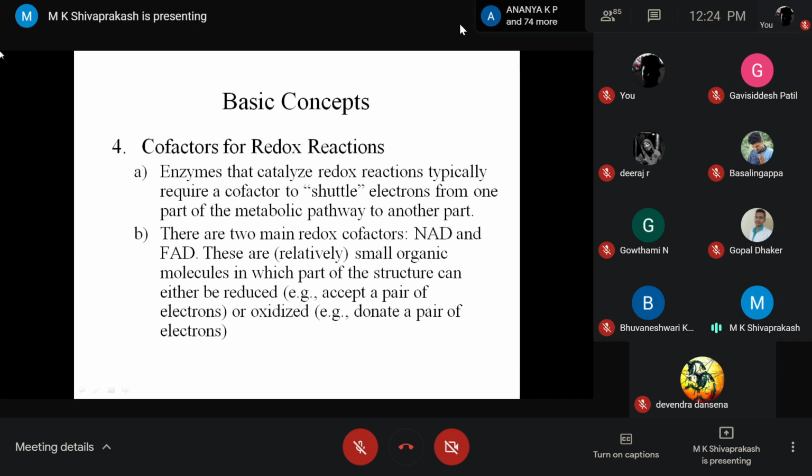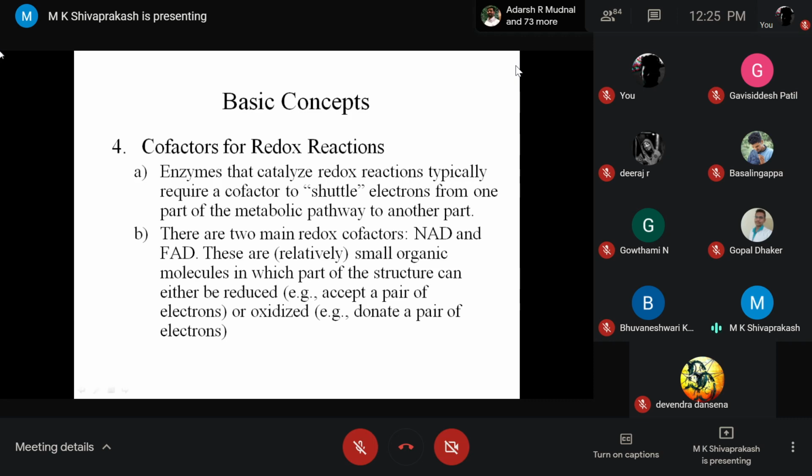Thereby they are able to donate a pair of electrons. NADH, by donating a pair of electrons, comes back to its oxidized state, NAD. Similarly FAD, or in other molecules, various cytochromes or non-heme proteins, which you have learned on page number 29 in the e-notes, metabolic pathways.